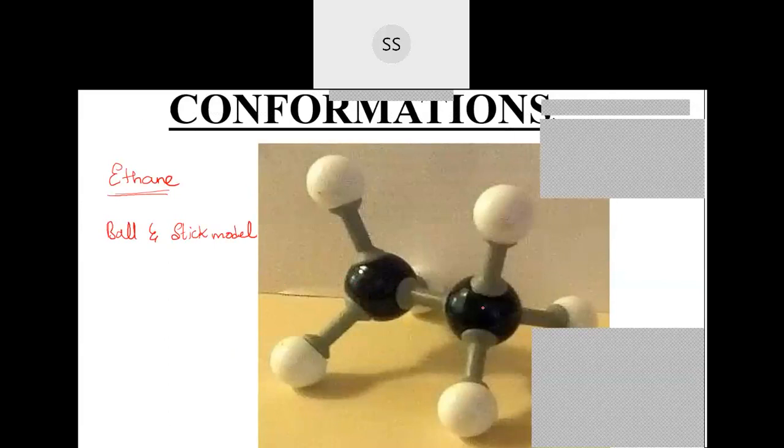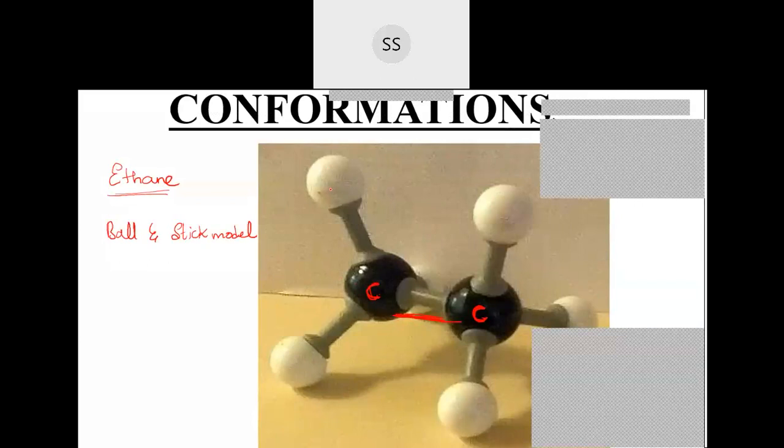You can see here the black color ones. These two black color ones are carbon. Okay, I will label them. So here these two are carbon, and then you can see a bond here. A single bond is there, and then these white ones are there.